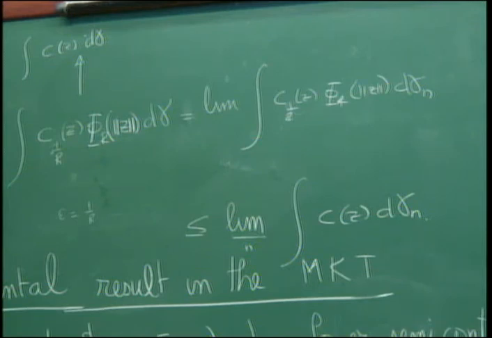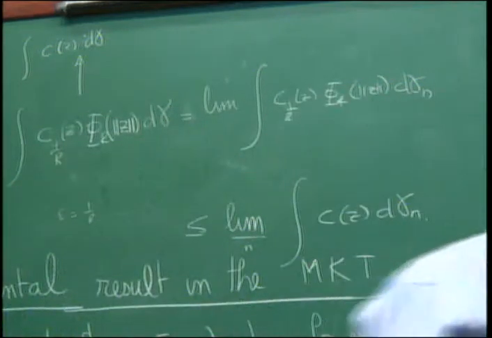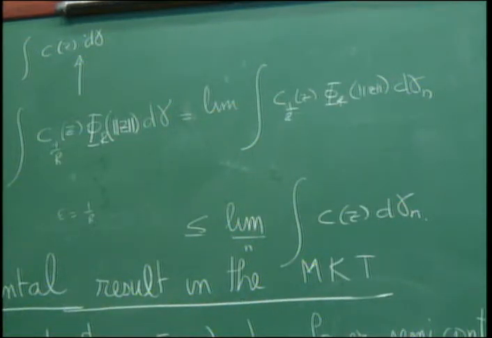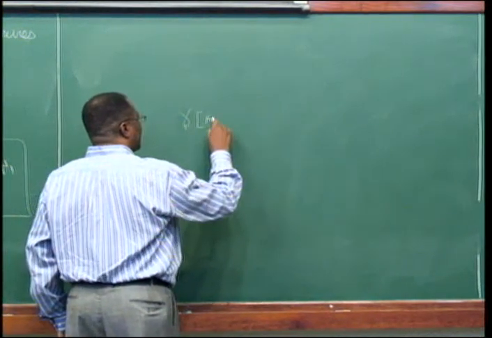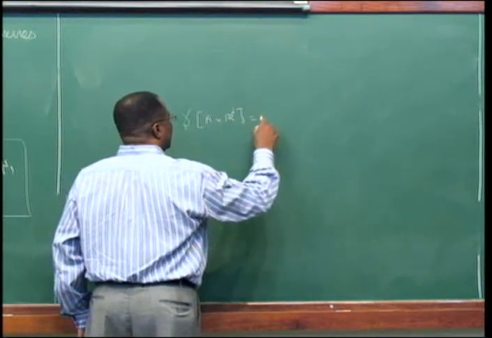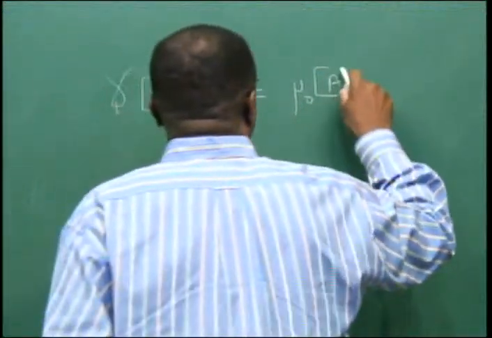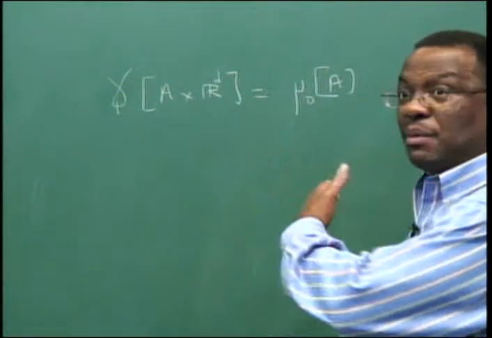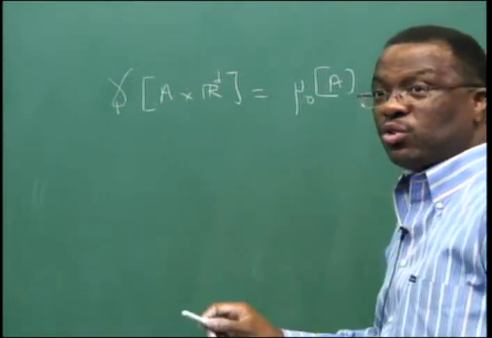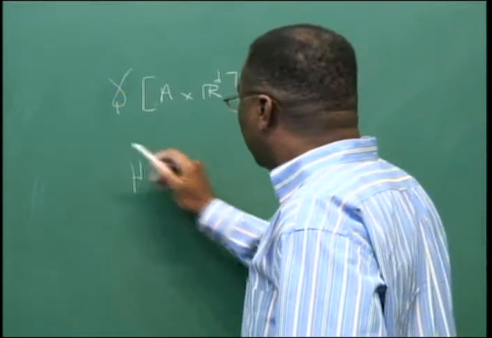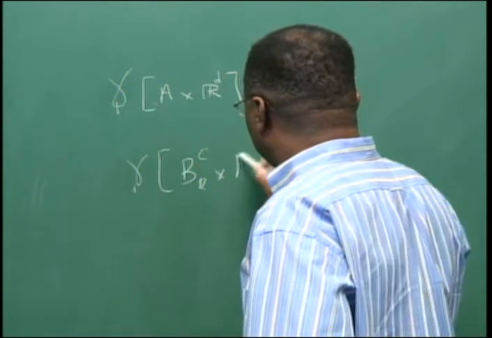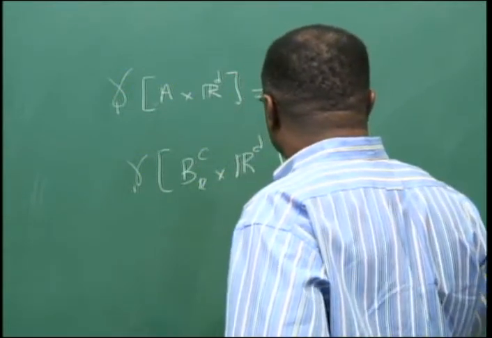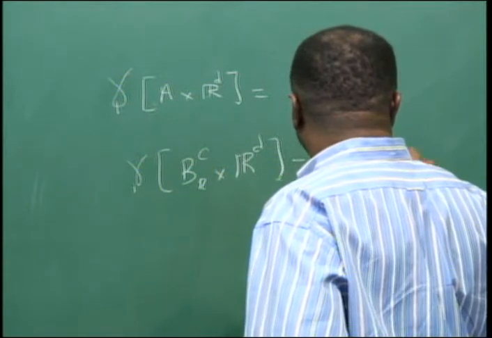No, mass cannot go to infinity. Because you remember gamma of A cross R^d is mu naught of A. Now take the complement of the ball of radius R. If I write gamma of the complement cross R^d, this is mu naught of the complement of the ball.